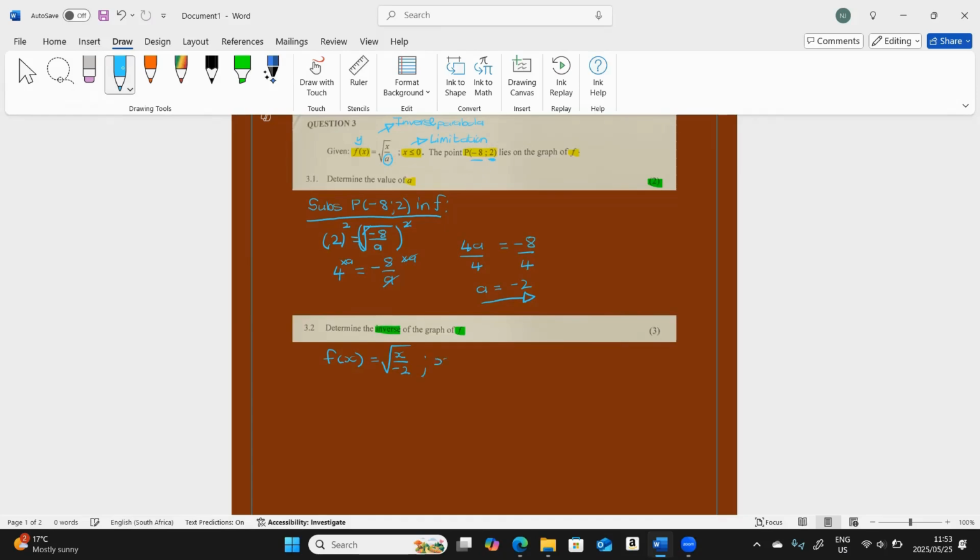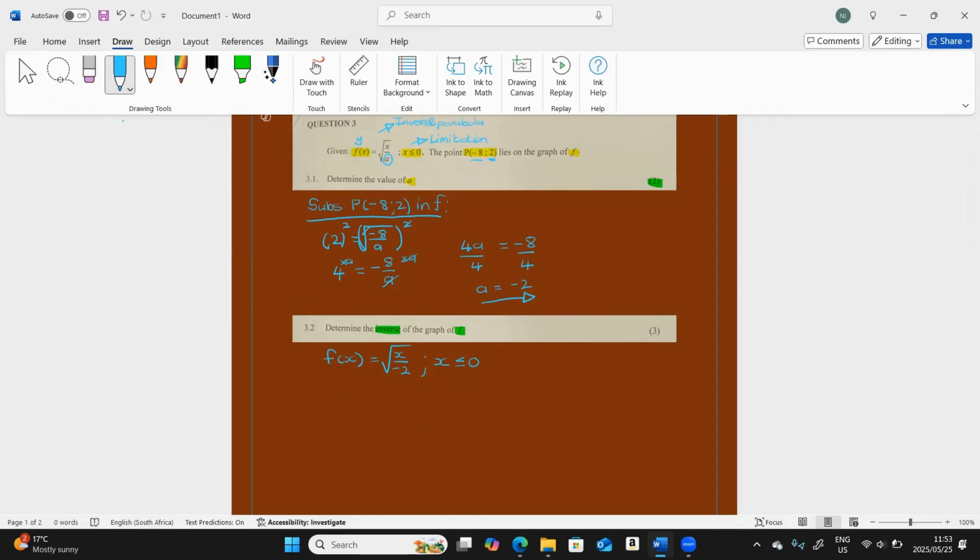The limitation goes with the function. So please remember to write your limitation. Otherwise, you are going to forget to do the opposite of this inequality when you get to the inverse, and you will lose that mark. So just go and write it exactly as it is, and then you can go and do the rest.